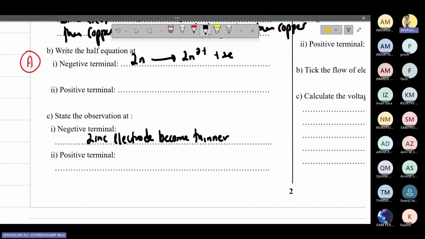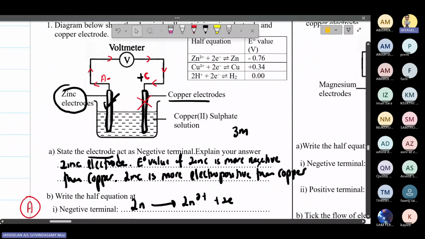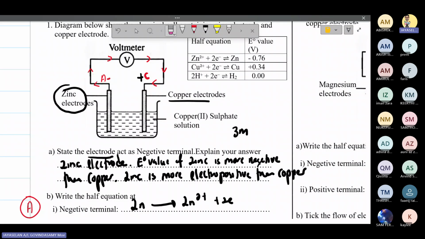Okay, no problem. The zinc electrode here, I will show why it is called the negative terminal. What would happen to the zinc electrode? It will lose electrons, so it becomes thinner. Electrons cannot flow in the solution, so electrons will accumulate at the electrode.